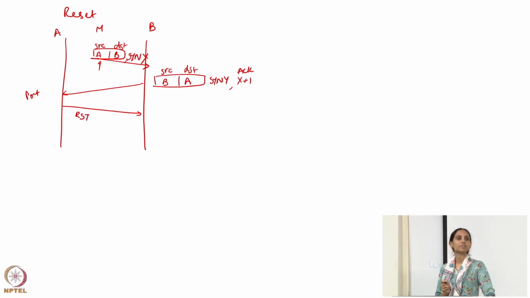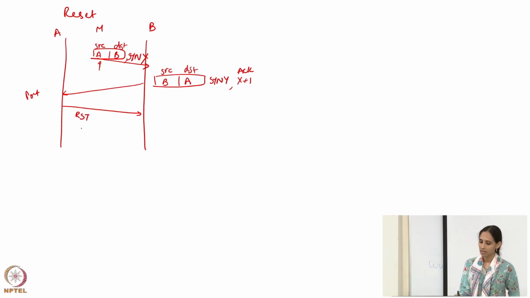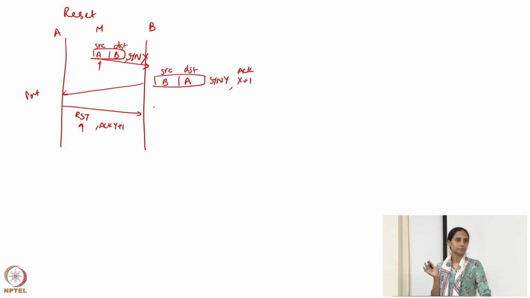Whenever A receives a packet for which it has no idea that there is a connection, it is going to set this reset bit in the TCP, because it can't even figure out what this X business is or this Y business. It will just do reset with acknowledging maybe Y plus 1, because this has a Y, and this guy will close the connection.